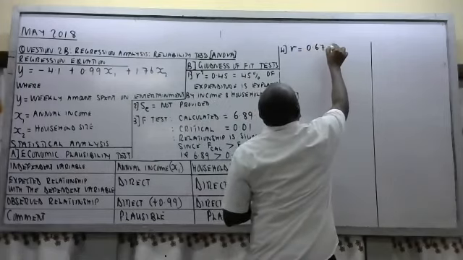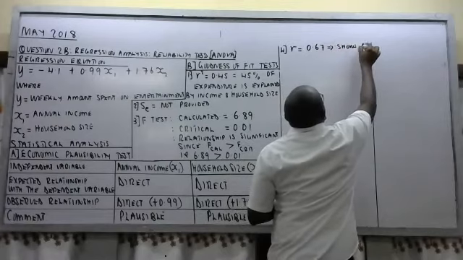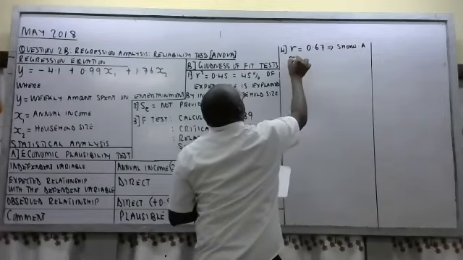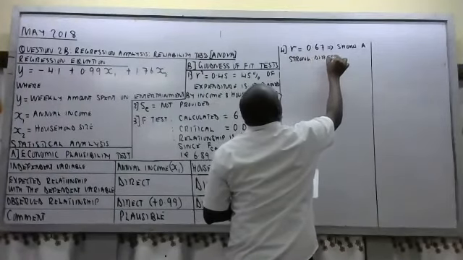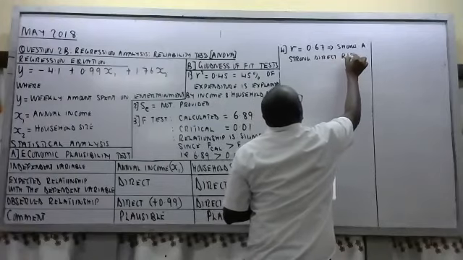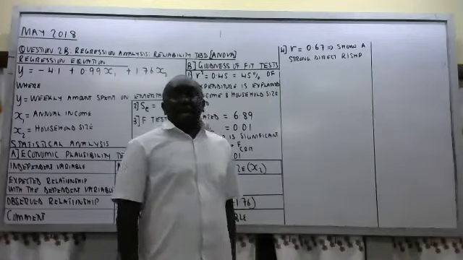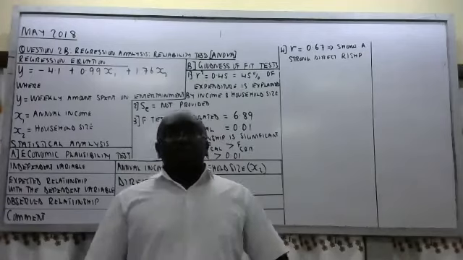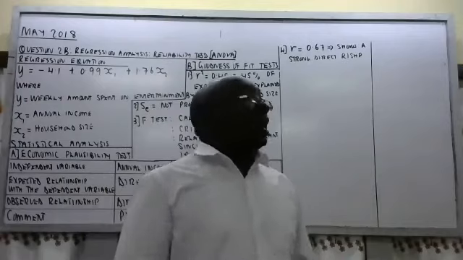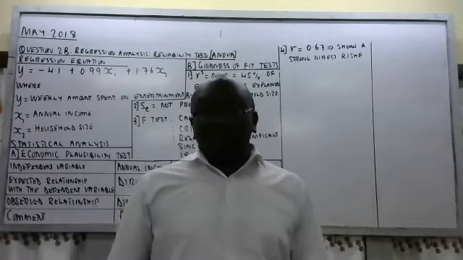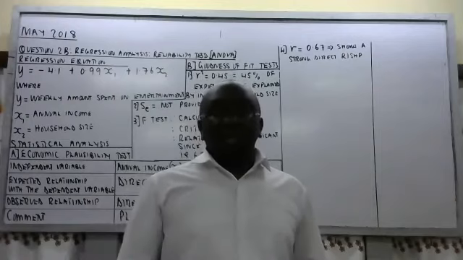So this shows a strong direct relationship. It's not very strong because it's not very close to 1, but 0.67 is not weak. It's a strong relationship.